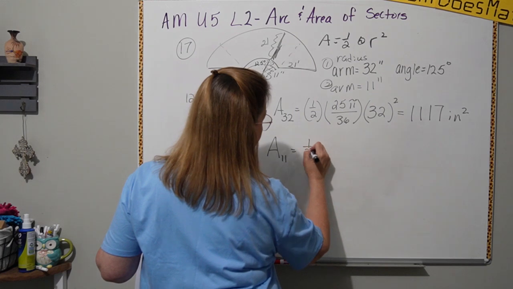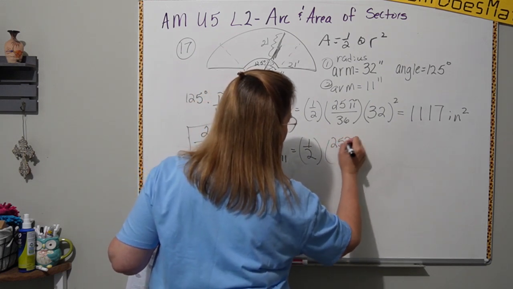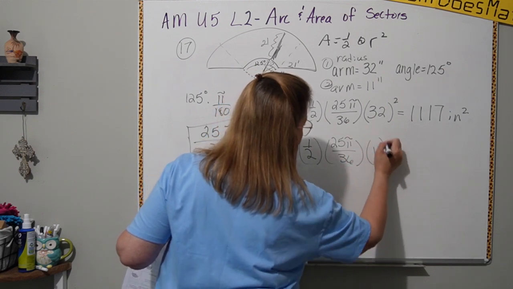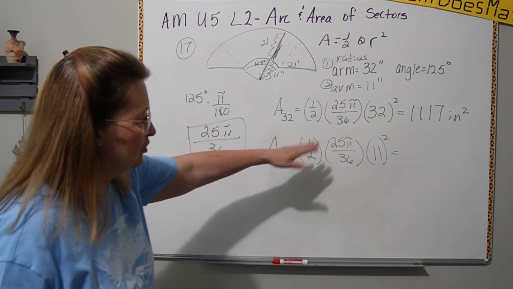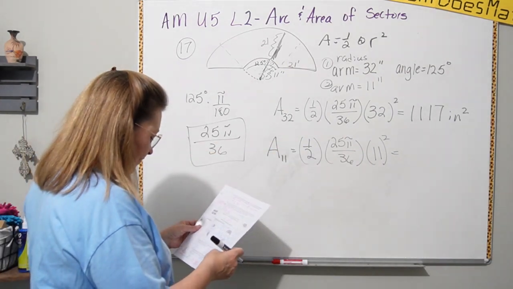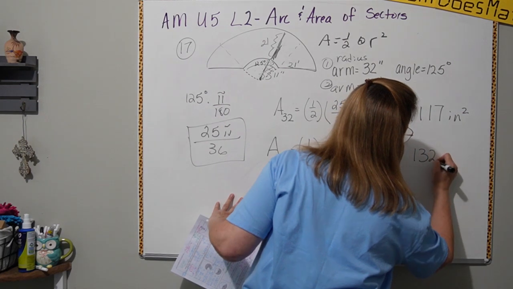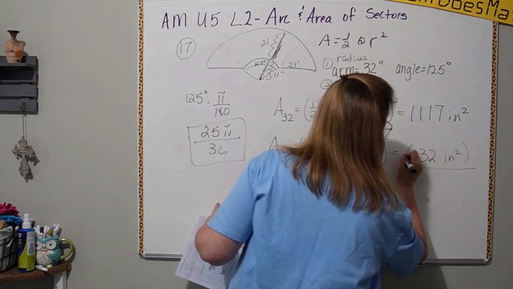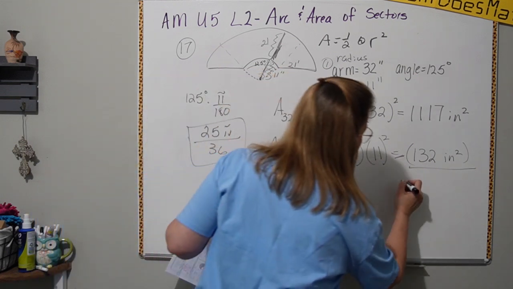So we're just going to do the same thing. 1/2 times 25 pi over 36 times, this time, 11 squared. And when you punch all this into your calculator, that is going to get you 132 inches squared.